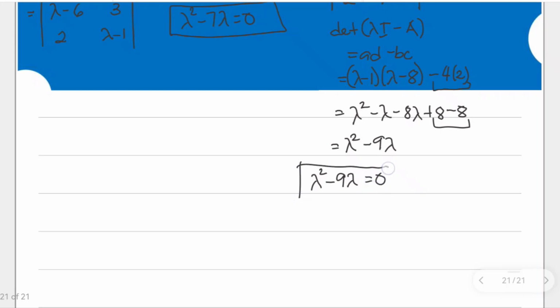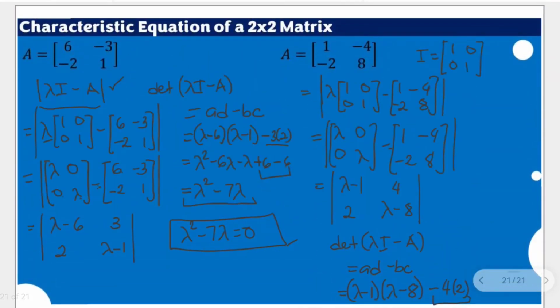This is your characteristic equation. This is the goal for this video. Don't worry about the rest. We'll have a separate video where we use this in determining the eigenvalues and the corresponding eigenvectors, together with the eigenspaces. But for this video, we used this expression here.